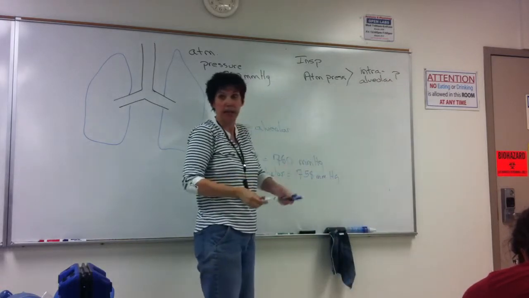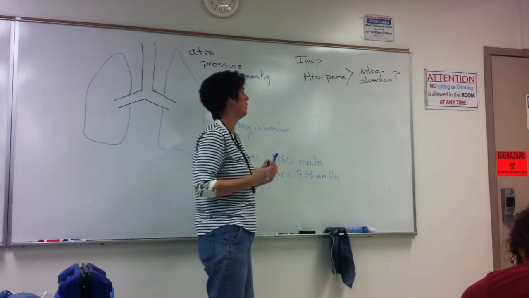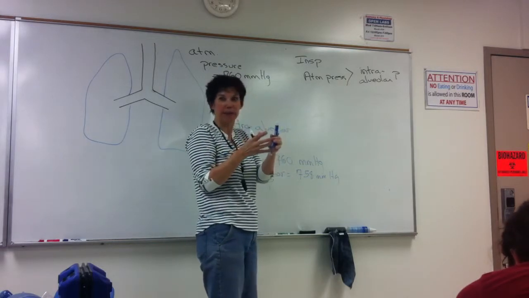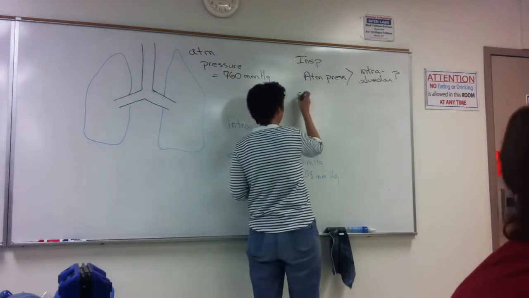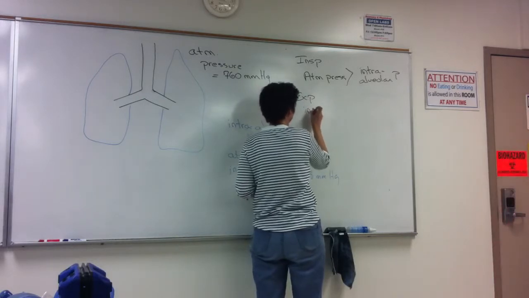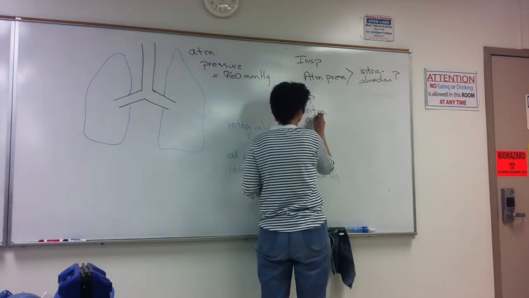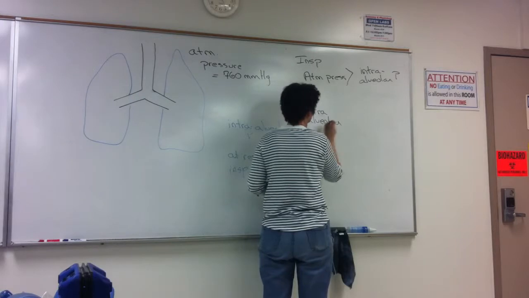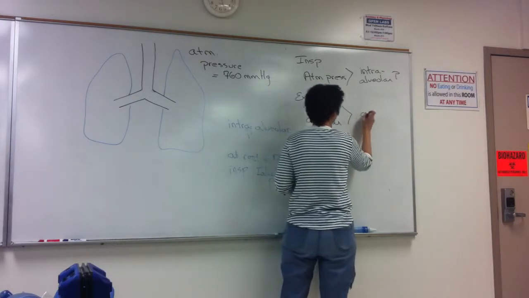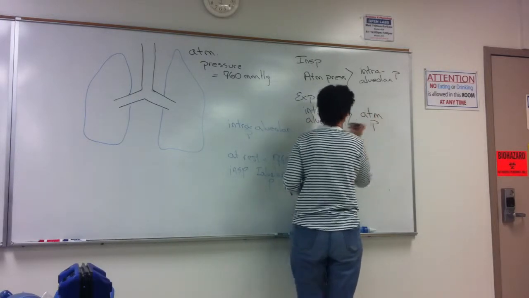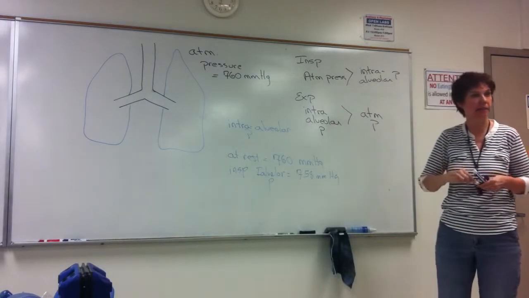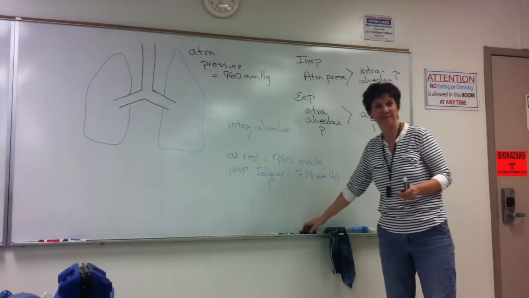With expiration, the diaphragm moves up, the ribs move down, the thoracic volume becomes lower, and intraalveolar pressure becomes higher, and the air moves out of the lungs. It's as simple as that.